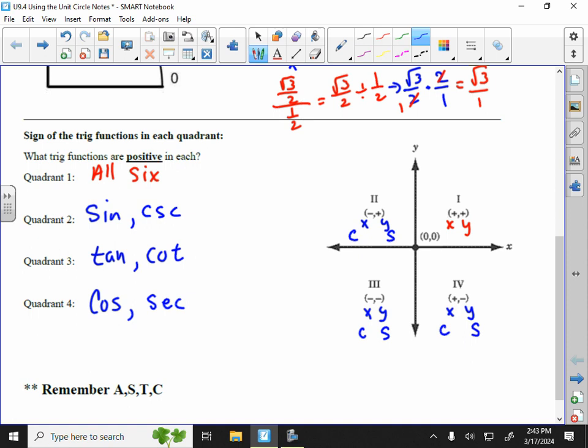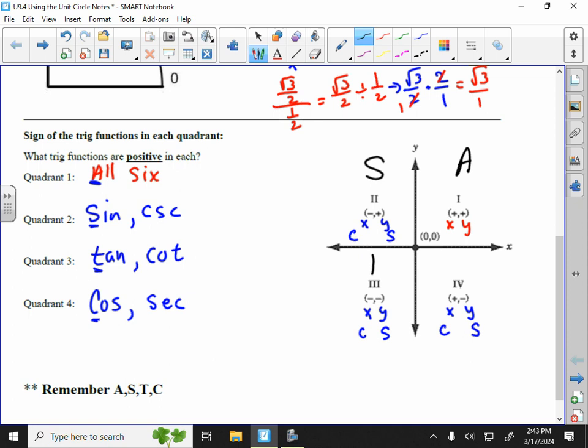So when we want to know what quadrant a certain trig function is positive, we want to memorize A, S, T, C. So all 6 trig functions are positive in quadrant 1. Sine and its reciprocal trig function is positive in quadrant 2.